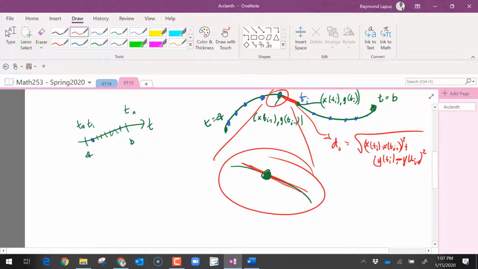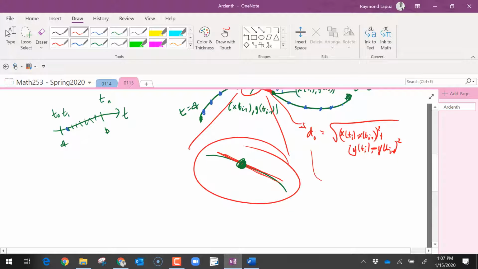So somehow your distances will become v sub i equal to x prime at t sub i minus 1, y prime at t sub i minus 1. I guess it doesn't matter which one, if it's i or i minus 1.